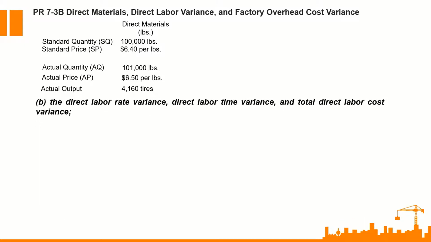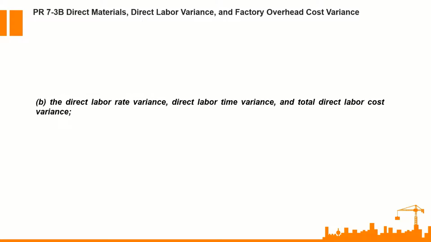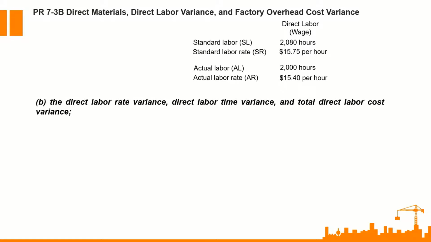Now we are asked to compute for the variances relating to direct labor, the rate variance, time variance, and the total direct labor cost variance. Since this is all about direct labor, we will focus our attention on direct labor. So here are the details that we have identified before with regard to the important factors and the variances relating to direct labor.